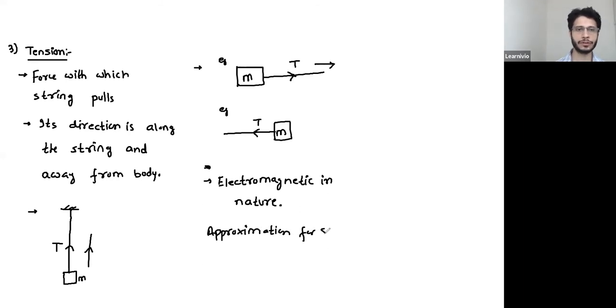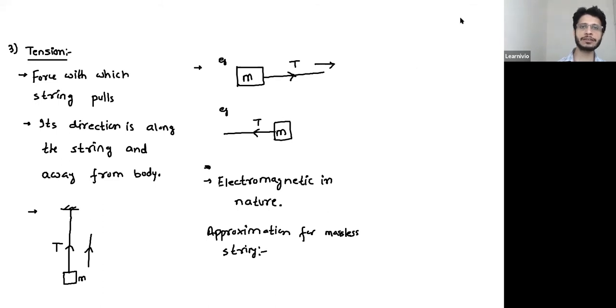For the problem of strings, we will use some approximation. We will approximate that your string is massless. In numericals, unless the mass of the string is given, we will always consider your string as massless.